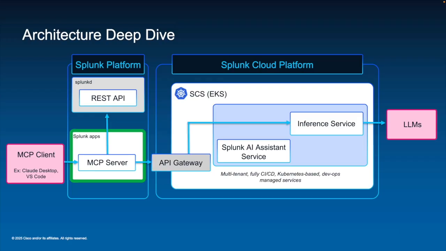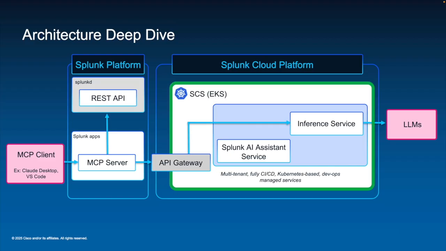Under the hood, it uses Splunk's REST APIs to interact with the Splunk platform, just like a trusted app or analyst would. This means access is governed by existing Splunk roles, permissions, and data controls. No shortcuts bypassing security. Inside Splunk Cloud, the AI Assistant service runs as a fully managed Kubernetes-based service.